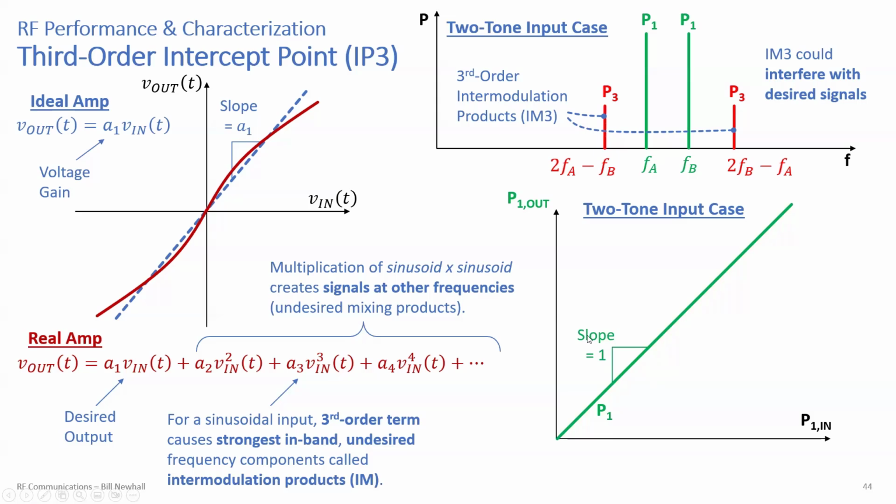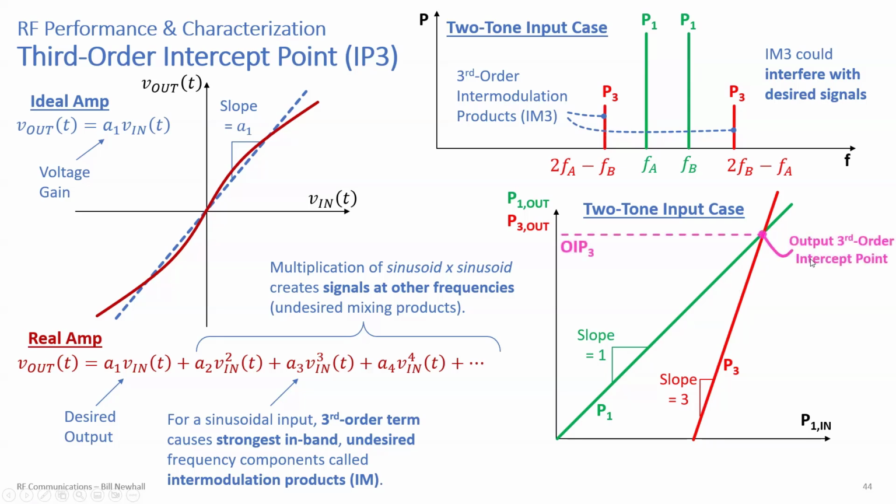The third order products act a little differently, because of that V to the third term. The slope is actually 3-to-1. So that third order product, as the input power gets stronger, creeps up higher and higher, faster than the first order product. At the point where these cross, one has a slope of 1, one has a slope of 3, so they can cross at some point.